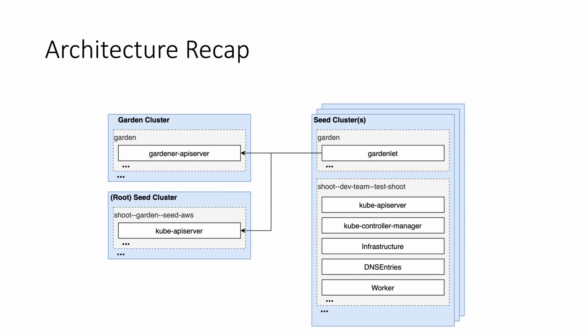So what is the problem here? These basically reside in different VPCs or might even rely on different infrastructures. So the traffic that the Gardenlet causes to the API servers basically goes through some kind of NAT gateway.